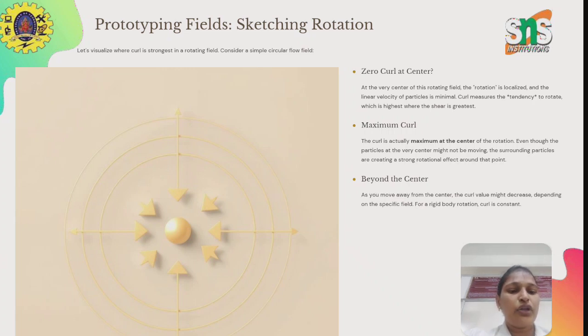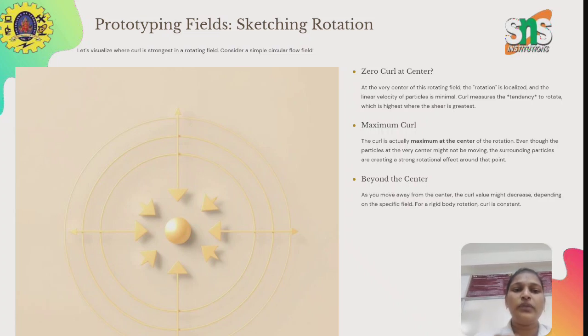So here, when you observe that swirling, the curl will be highest at the center point. Even though the particles at the very center might not be moving, the surrounding particles are creating a stronger rotational effect around that point.